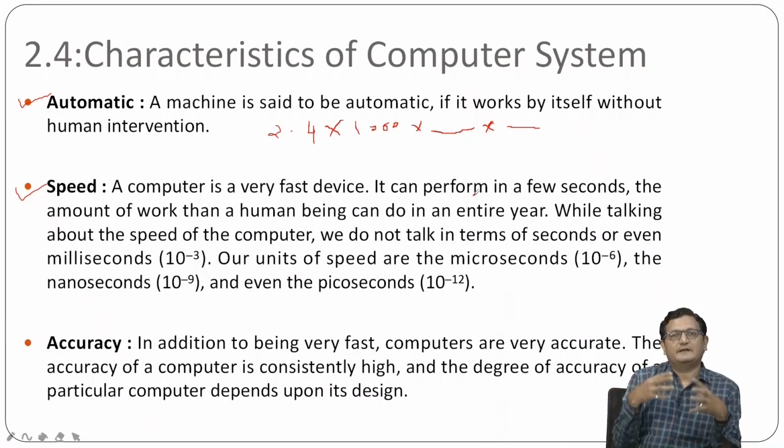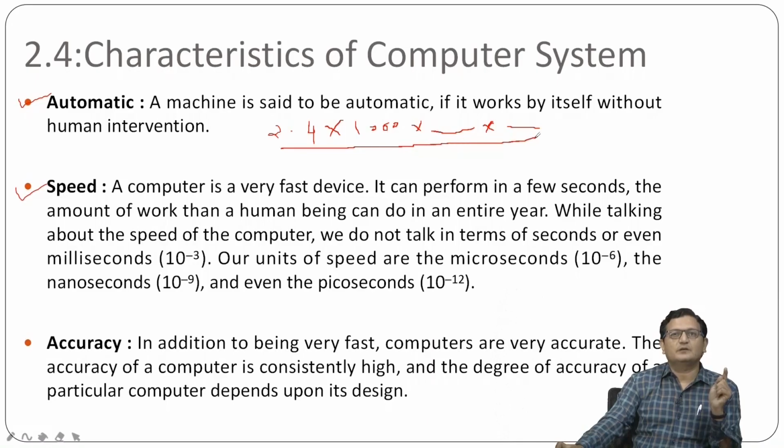For example, what is the smallest unit of time for us people? For us, the second is the smallest unit, then we have minute and then hour, right? But for the computer, the tick is the smallest unit, and your 1 second is equivalent to 2.4 into 1000 into 1000 into 1000 ticks, and in one tick the computer can execute one instruction.